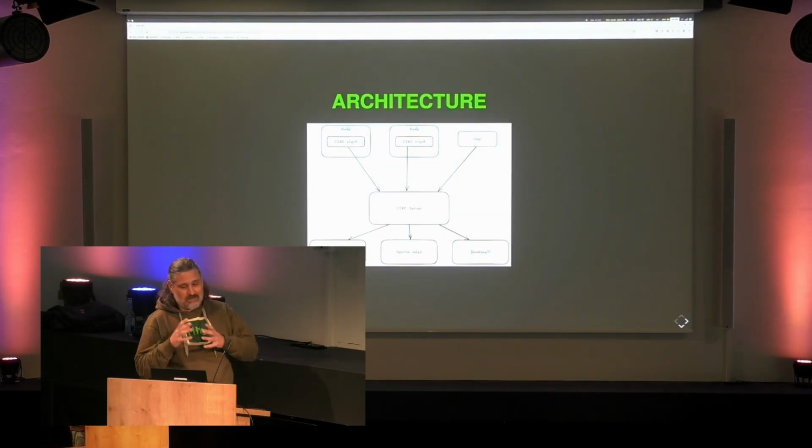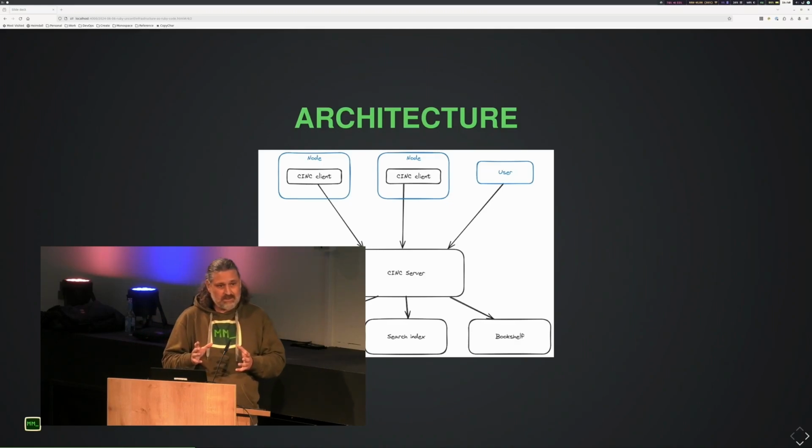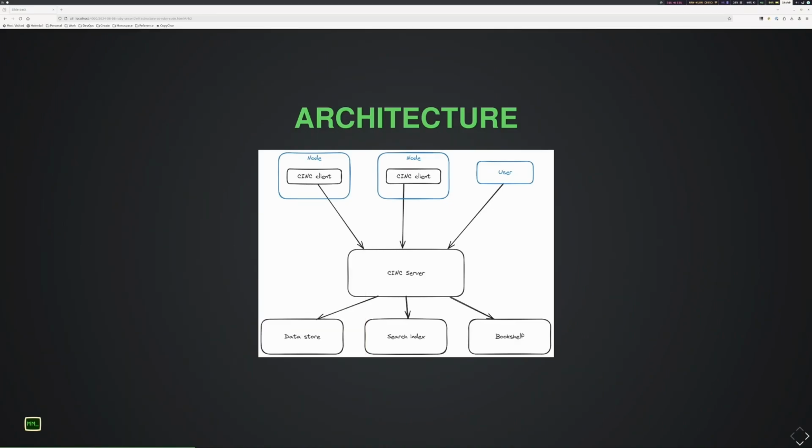So this is how the basic architecture works. Chef, for example, different to something like Ansible, uses central components, mainly the Cinc server. I'm going to use Cinc and Chef interchangeably here. The Cinc server uses a data store which consists of PostgreSQL and Redis, a search index that initially used Apache Solr and now uses Elasticsearch, and Bookshelf, which it uses to store the cookbooks.